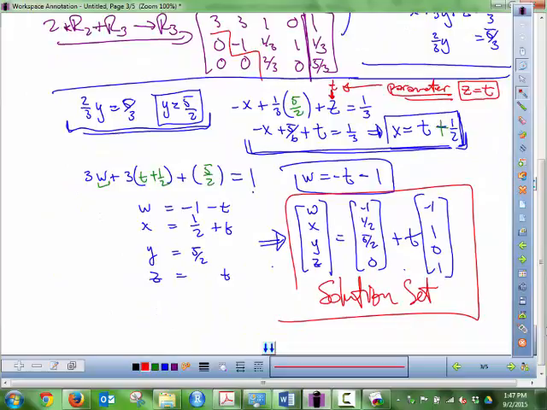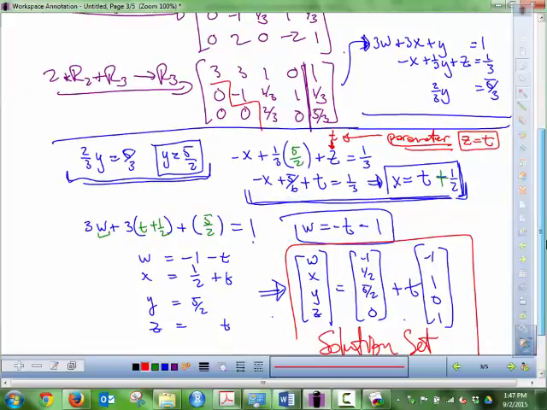Any questions about this? So these, oh yeah. The first one? Those are the coefficients of the t.